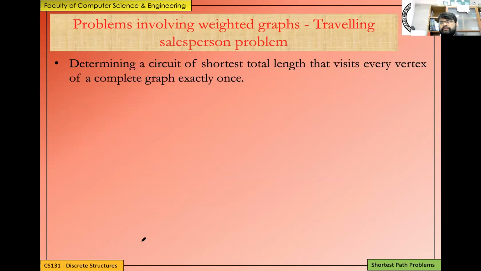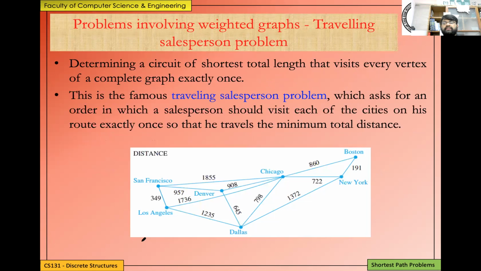So the problem here is that we want to determine a circuit of shortest total length that visits every vertex of a complete graph exactly once. This problem is what we call the traveling salesperson problem. You want to visit each and every vertex of a complete graph exactly once and come back to the same path. And in this particular scenario, we want to have the shortest total length as well.